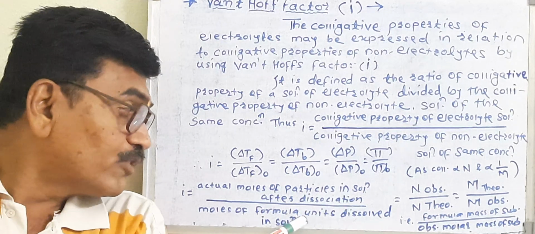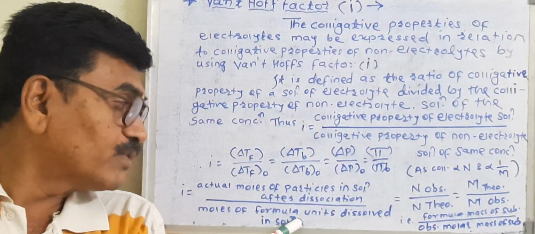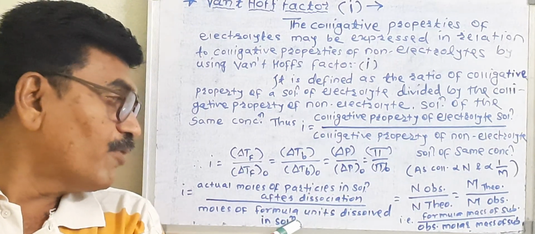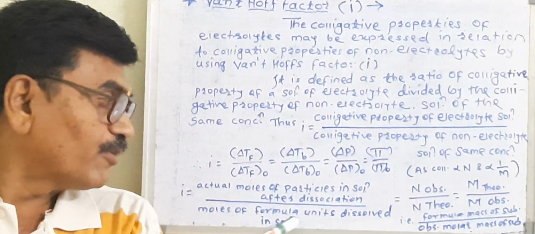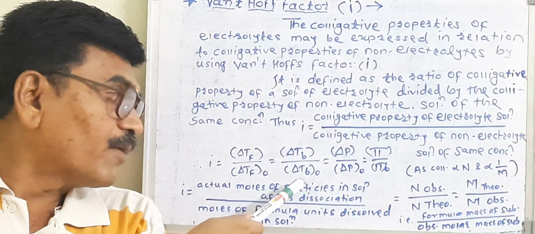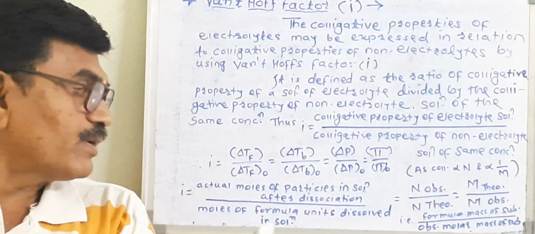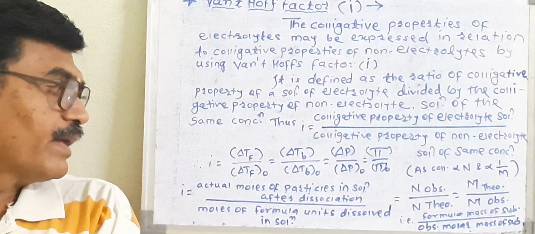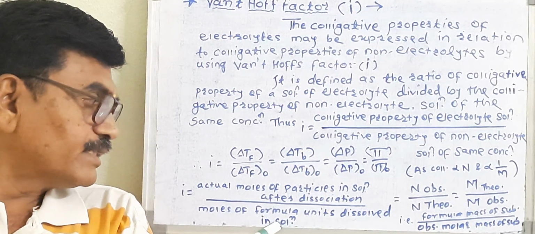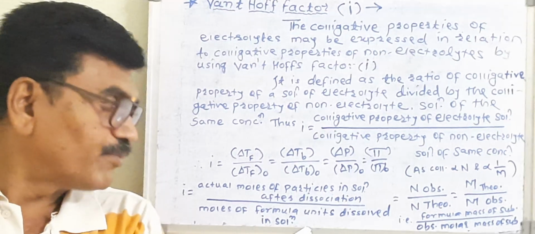We know an electrolyte dissociates, ionizes completely, which gives the actual moles of particles after dissociation. For a non-electrolyte, we know that it does not undergo dissociation or ionization, so the molecules remain as they are in the form of formula units. The former is the number of moles of particles found experimentally, and the latter is the number of moles of particles observed before the experiment, in the undissociated form.